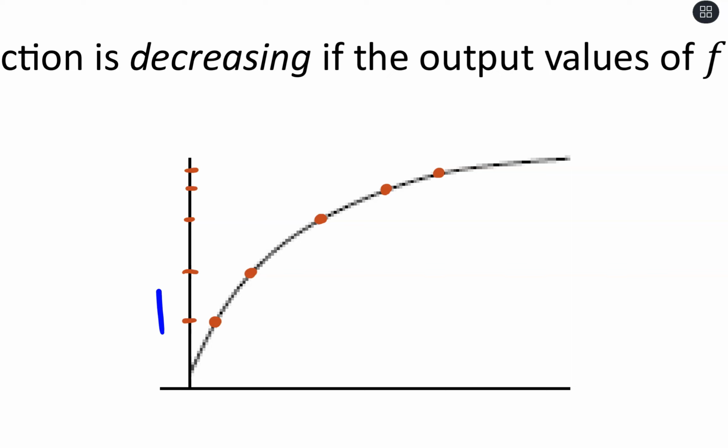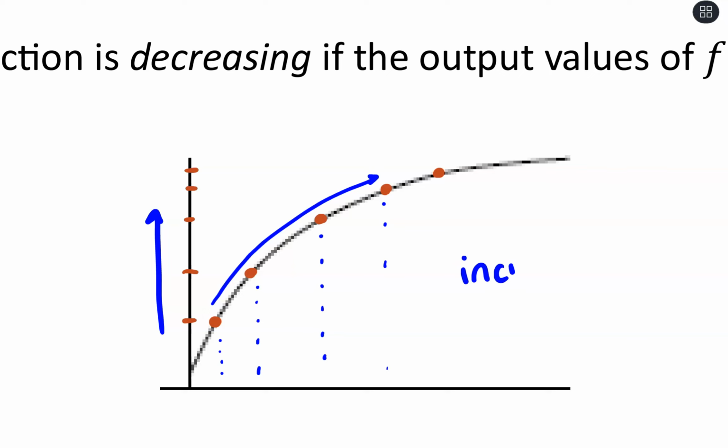Because that's going upward, or if you think in terms of height, the height of each of those from the x-axis is growing. Because it's getting higher up as we're reading from left to right, this would be a graph that is increasing.